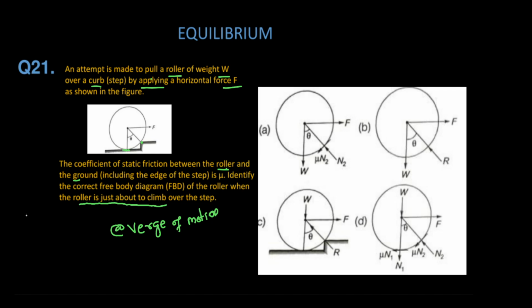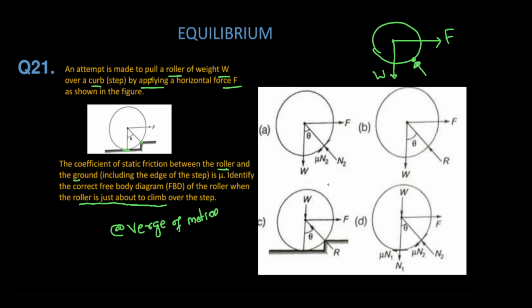At the verge of motion, the object is not in dynamic condition, so it is in equilibrium. After that, the body will try to rotate about this point. For drawing the free body diagram, isolate that roller, show the weight W and the external load F. The roller is just about rotating about this point, so it is in equilibrium, so there is a contact force at this point.